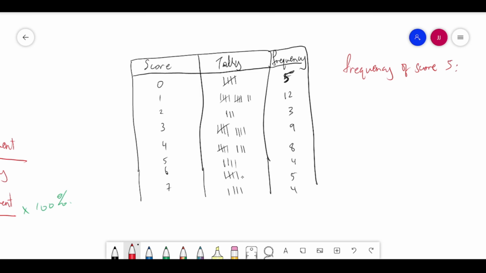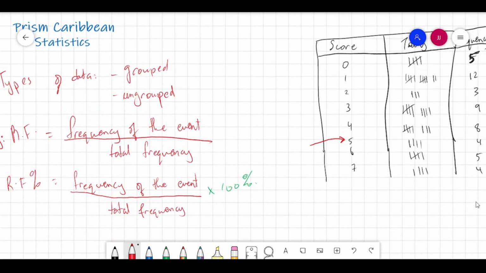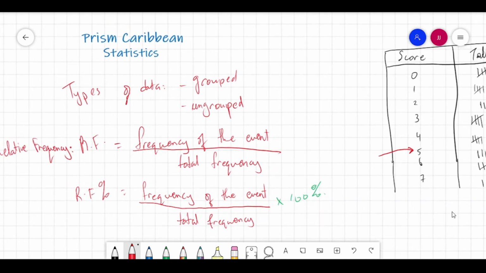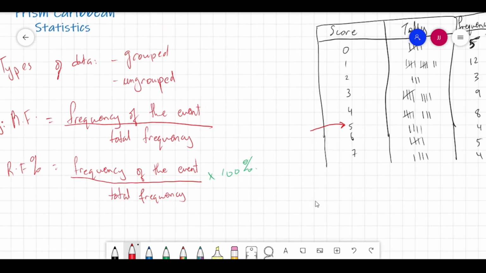Now we basically look at the score 5, which in this case is this here. Score 5 is 4 in the frequency. And now we have to recall the formula for relative frequency. Relative frequency is equal to the frequency of the event over the total frequency.